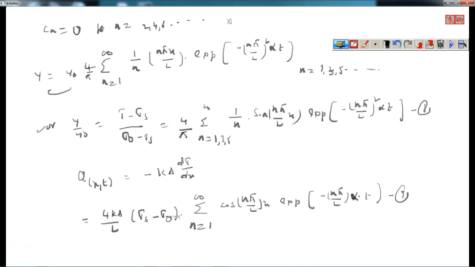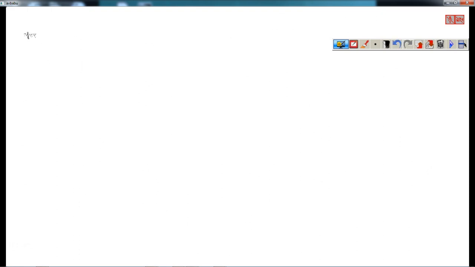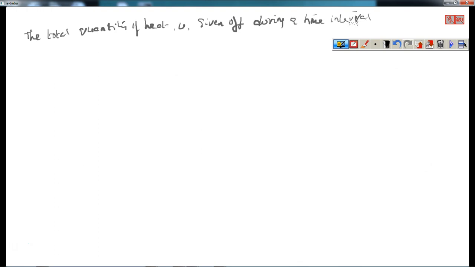Now if I want to calculate the total quantity of heat given off during a time interval, from 0 to t, it is obtained by integrating equation 9.